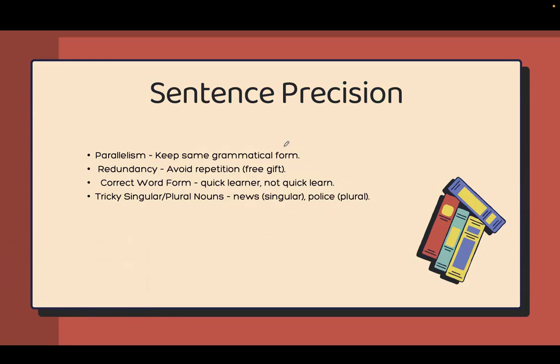Next, we have sentence precision. If I talk about sentence precision, parallelism is something that we have to keep in mind. Keep similar grammatical forms together. For example, if I say she likes singing to dance and cooking, this is not parallelism.